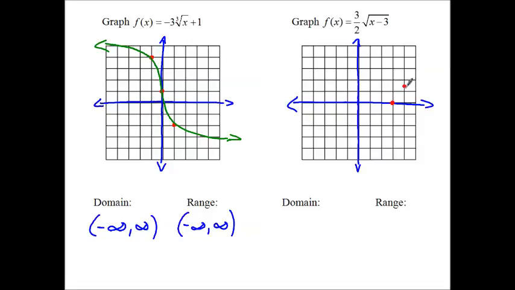And for 4 steps to the right, instead of 2 steps up, we would go 3 steps up. Again, we're off the grid already. That happens fast. And here is our square root function. The domain starts at +3 and goes all the way to positive infinity. And the range starts at 0 and also goes to positive infinity.